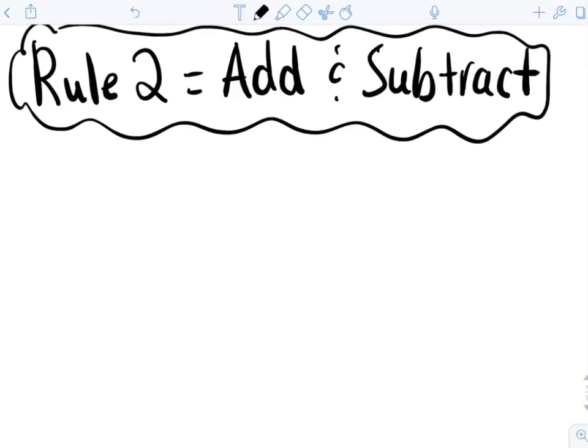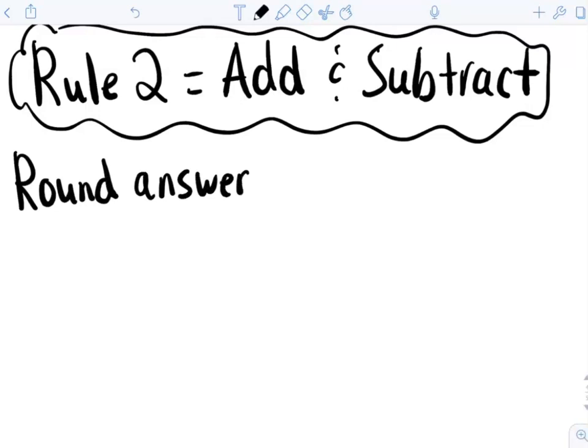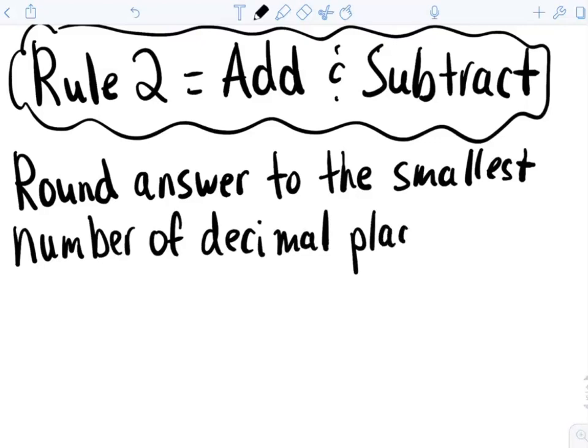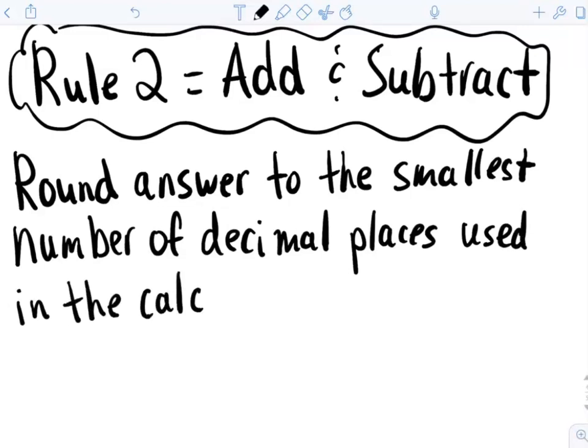And what rule 2 says for adding and subtracting is that we have to round our answer to the smallest number of decimal places used in the calculation. So this time, we don't care about the number of sig figs.